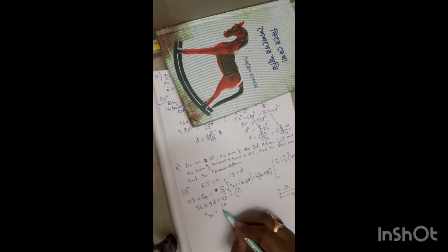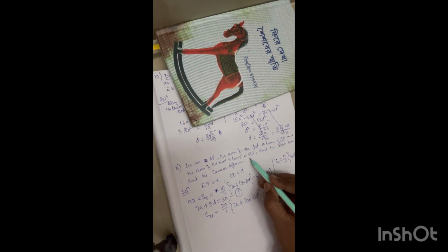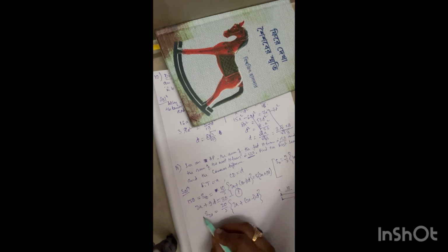So I will put 20 by 2 into 2A, which is the same because I am starting from the first term, plus 20 minus 1 into D. This gives the whole 20 terms. We know the next 10 terms sum is 550, and the first 10 terms is 150. Together they give the sum of 20 terms. So S20 is 550 plus 150, that is equal to 700, isn't it?